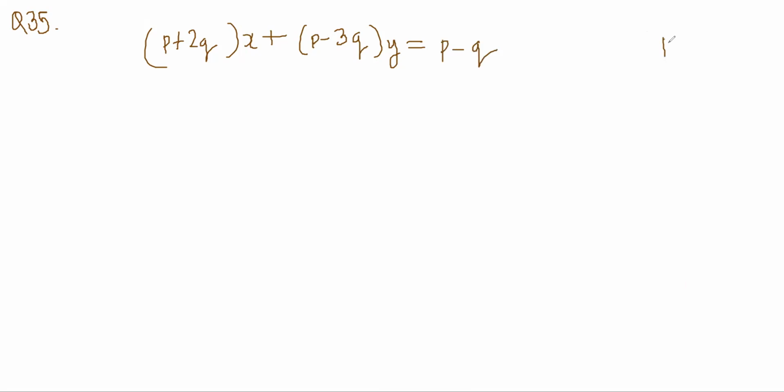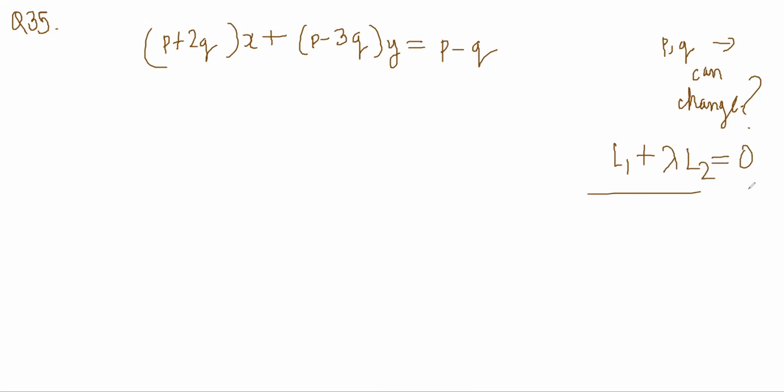P and q can change, then this line always passes through what? Now this is the idea of family of lines. You knew that L1 plus lambda L2 is equal to 0 is the equation of a family of lines that always passes through point T, which is the intersection point of L1 and L2, right? This thing we already know.